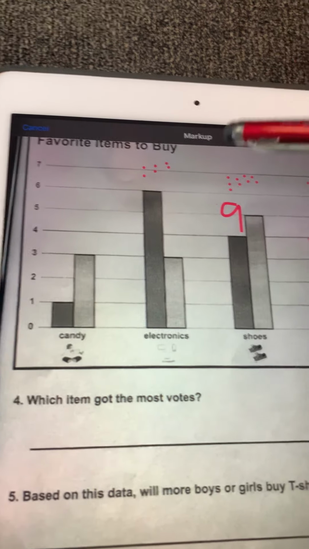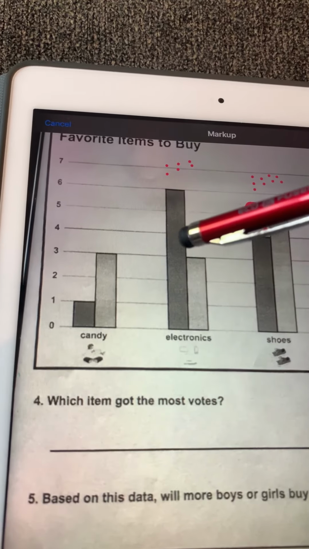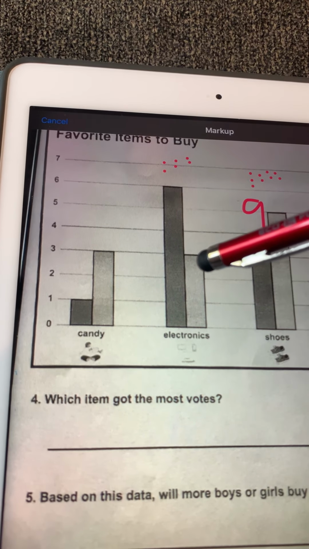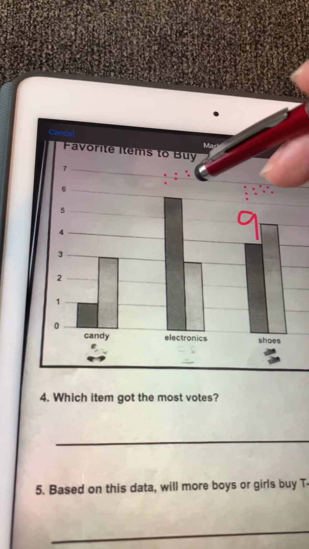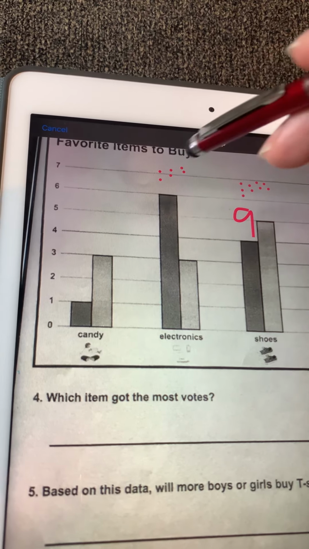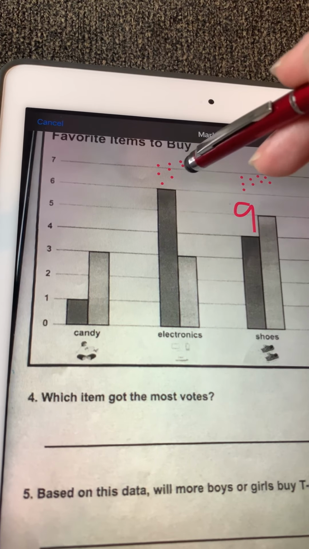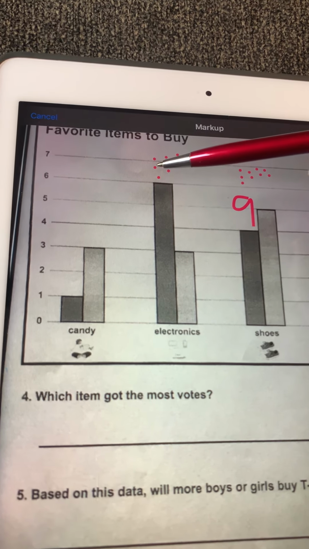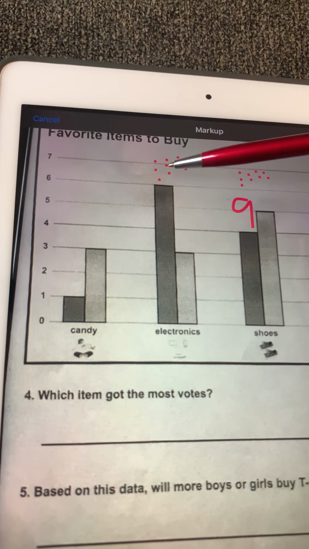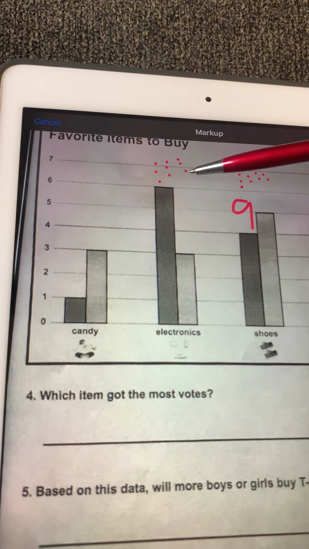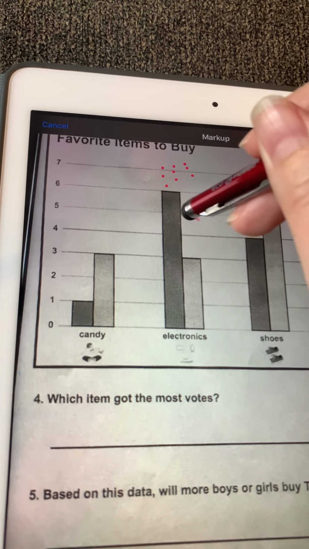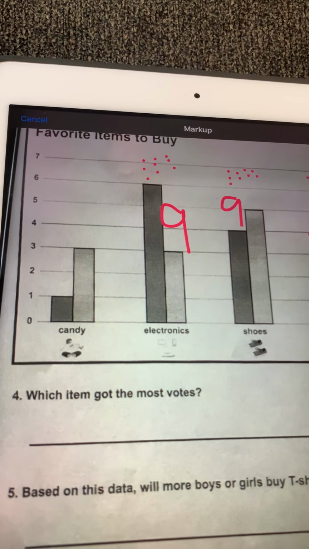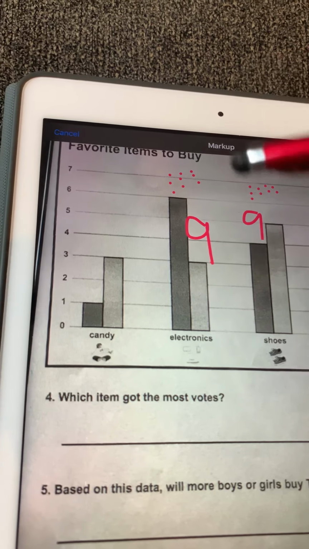My stylus didn't want to cooperate with me. And 3 for the girls. So let's make 3 more dots. 1, 2, 3. And let's count them. 1, 2, 3, 4, 5, 6, 7, 8, 9. So we have a total of 9 for electronics.